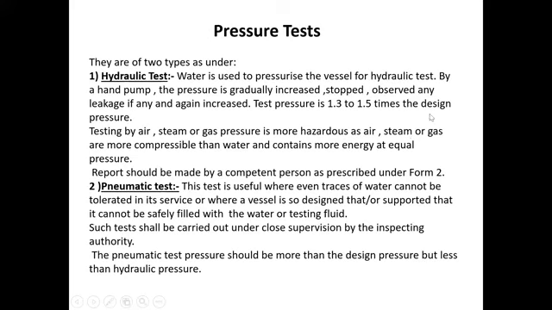We already discussed what exactly the design pressure is, and we are allowed to increase it by a maximum of 1.1 times the design pressure. But for the hydraulic test, we increase the test pressure up to 1.3 to 1.5 times the design pressure.